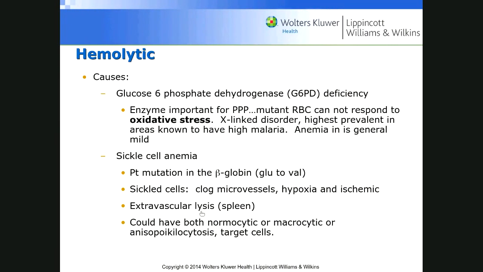It's essentially a way for the cell to say how much oxidation you have, and that redox potential is regulated by glutathione. Glucose-6-phosphate dehydrogenase plays a role in that glutathione system.